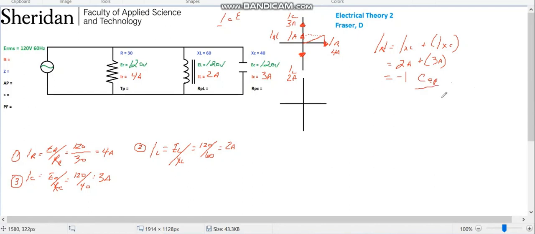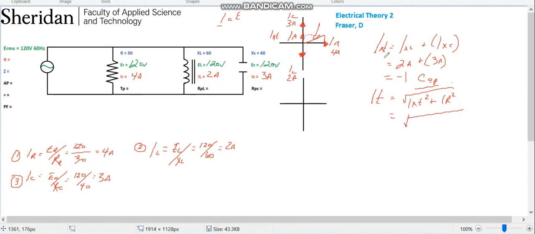We can find out what this value is by saying my IT, or IRMS, would be equal to my vector sum of the two. In other words, the square root of my IXT squared plus my IR squared. So if I put that in here, my IXT we know is 1.